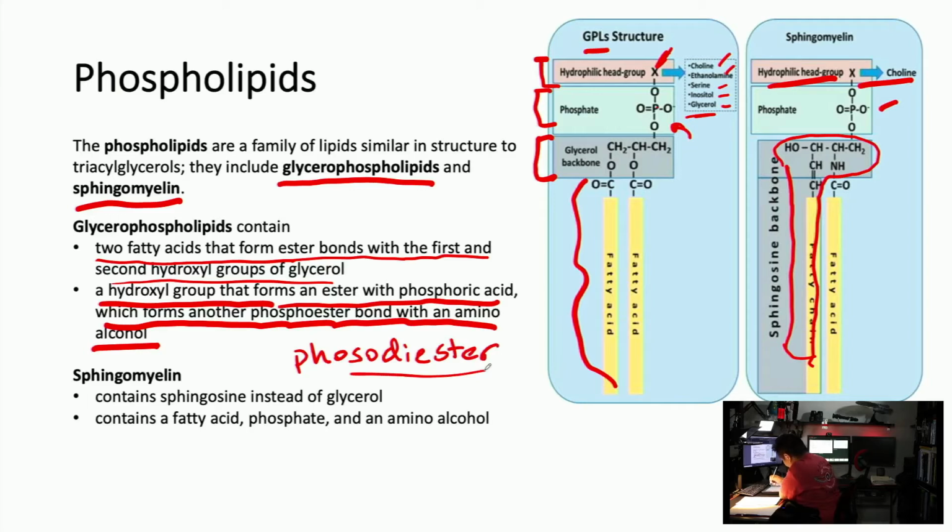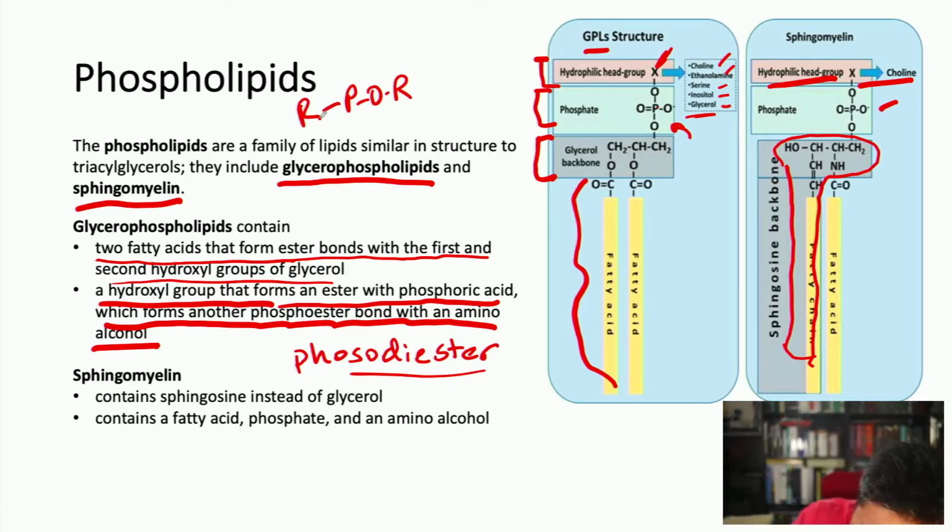It's when you have a phosphorus, like you see right there, connected to an O, connected to an R. And usually it's connected on both sides. That's why it's called a diester. Let me just draw that one more time. It's called a diester because it's usually like this.